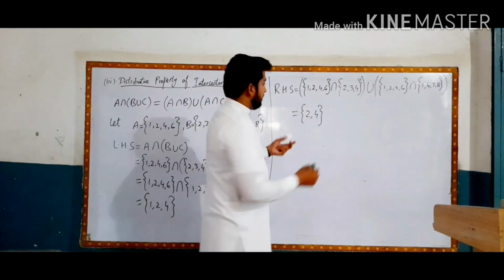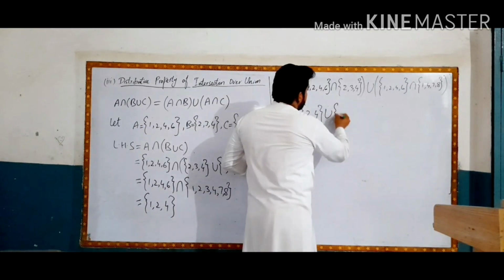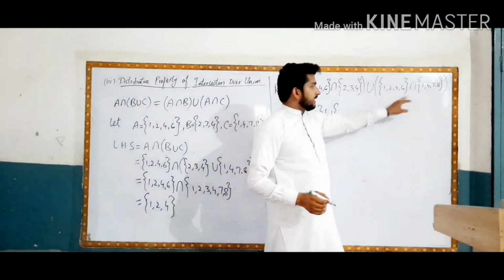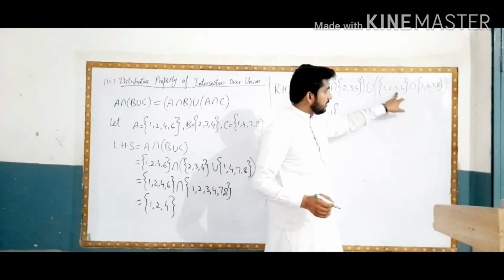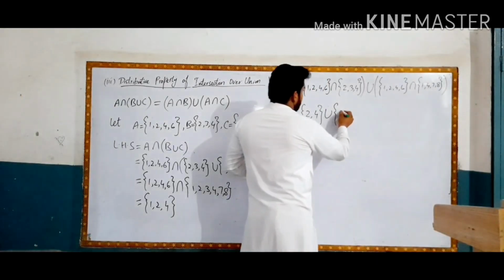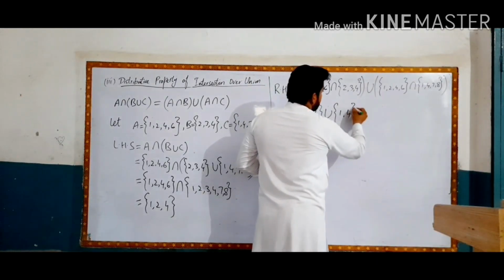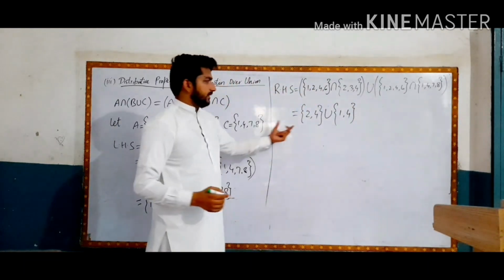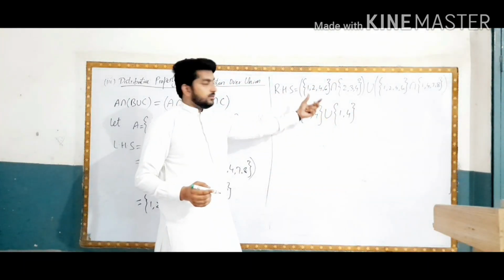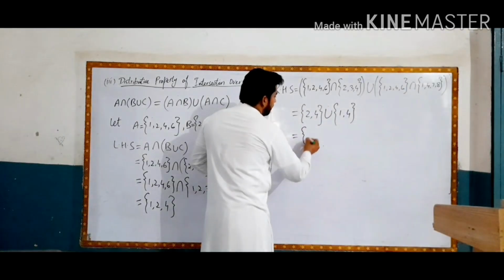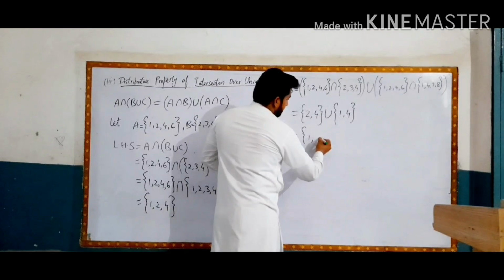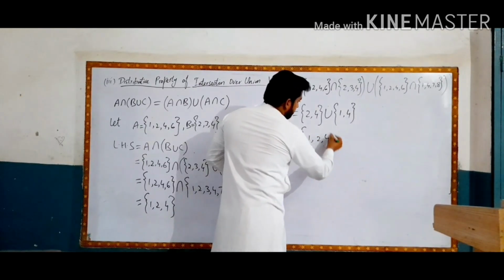Now the union with the intersection of the other sets, which has elements 1 and 4. So now we have to take the union of these sets. So the right hand side is equal to 1, 2, 4.